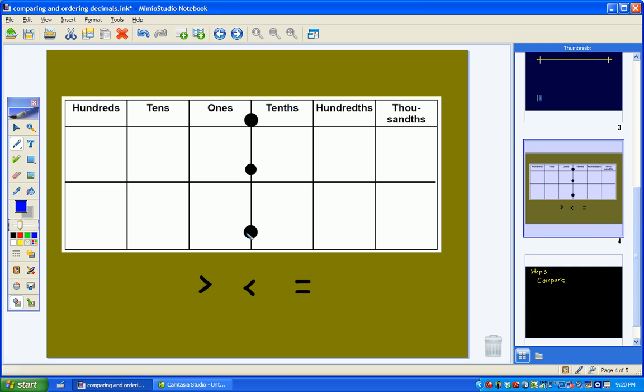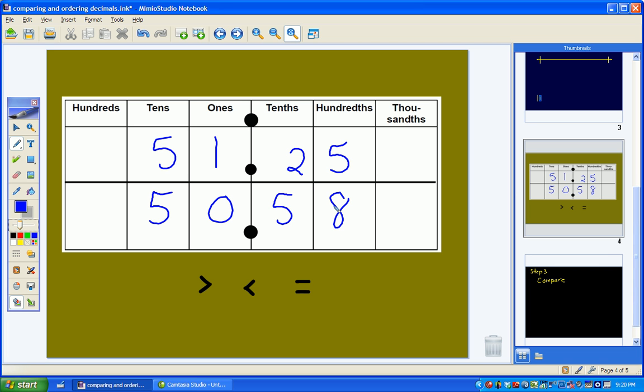In 2004, which some of y'all were really little at that time, he did the 100-meter butterfly in 51.25 seconds. Okay? 4 years later, in 2008, when he went to the Olympics in Beijing, he did the exact same race in 50.58 seconds.